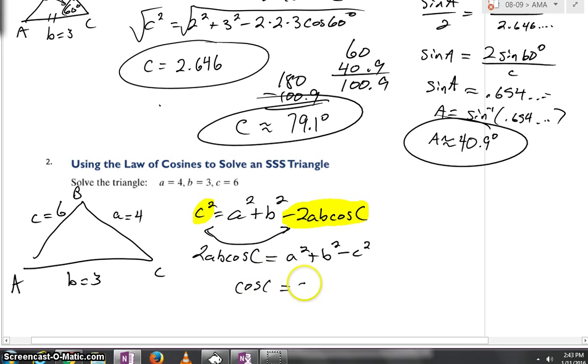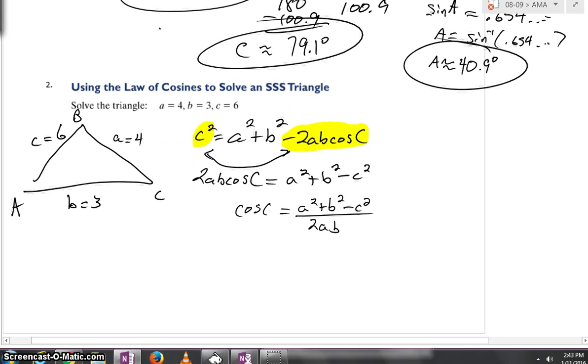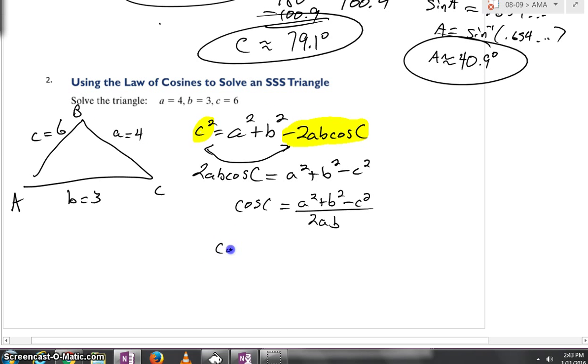Right now I just have to divide by 2AB. Wow, you know what? You're almost done, guys. Because right now, you know what your A is. It's 4. Your B is 3. Your C is 6. Down below, you have 2 times 4 times 3.